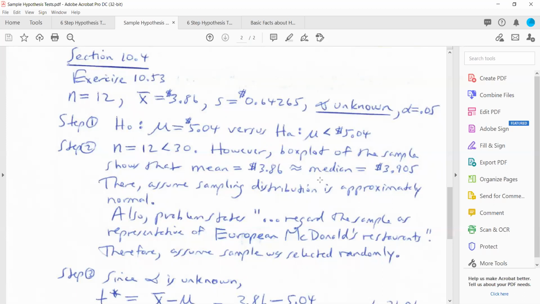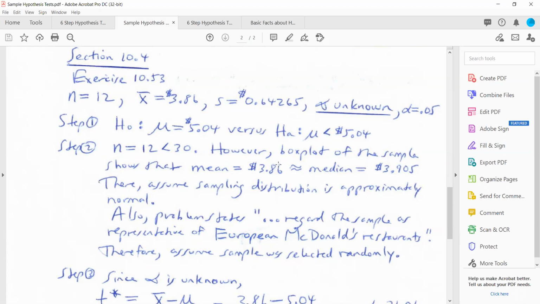The central limit theorem states basically, and we talked about this in chapter 8, that for sample means, the central limit theorem says if the sample size is large enough, all right, if the population is unknown or the population is not normal, the sample size is large enough, we can assume that the sampling distribution is approximately normal. And almost all textbooks give the number 30.